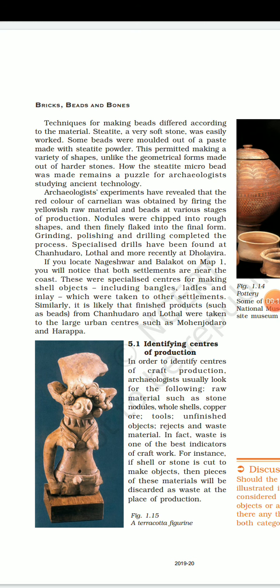Microbeads, I mean very short, very micro in nature, very small in size. How these micro steatite beads used to be made is a dilemma, a condition of confusion, and archaeologists studying ancient technology are still puzzled about it, okay.